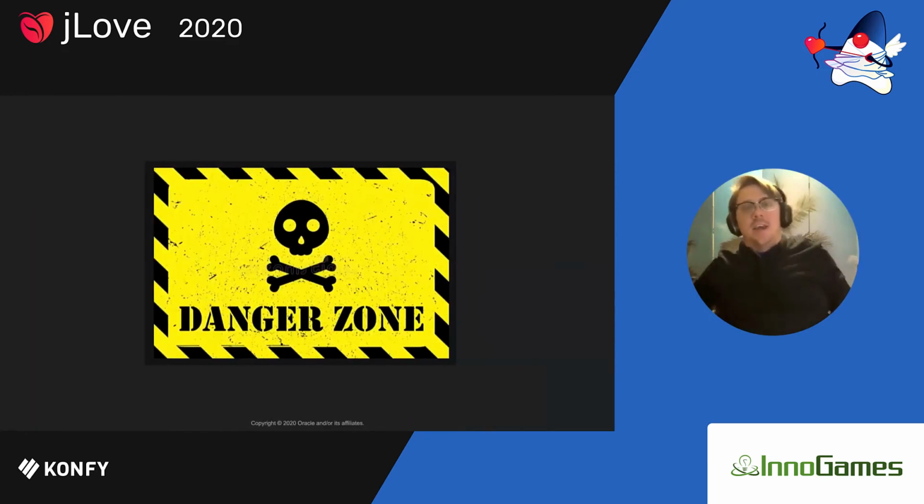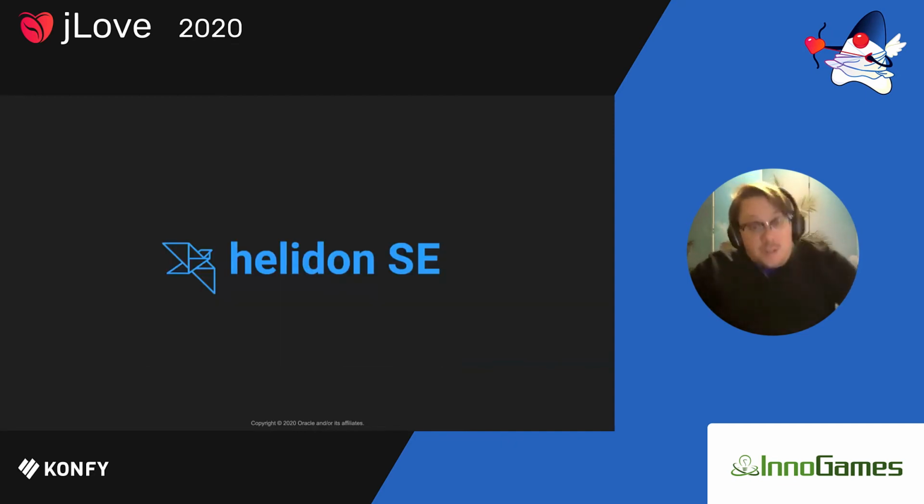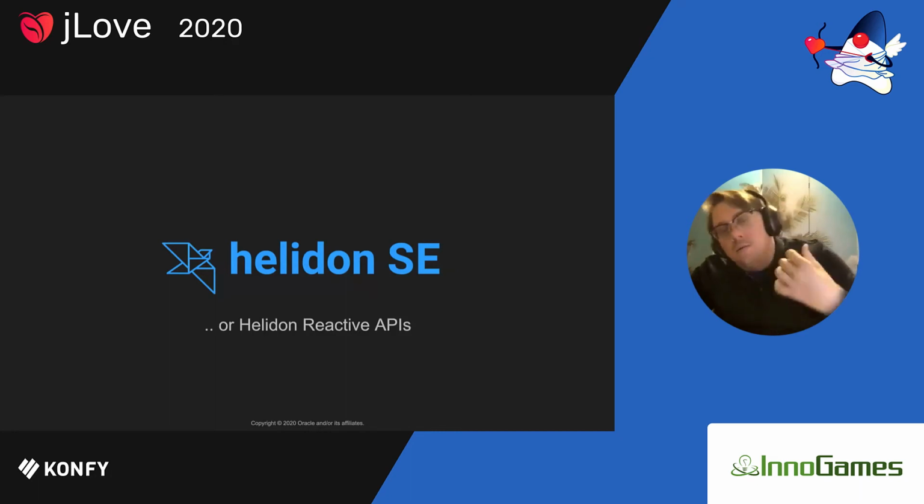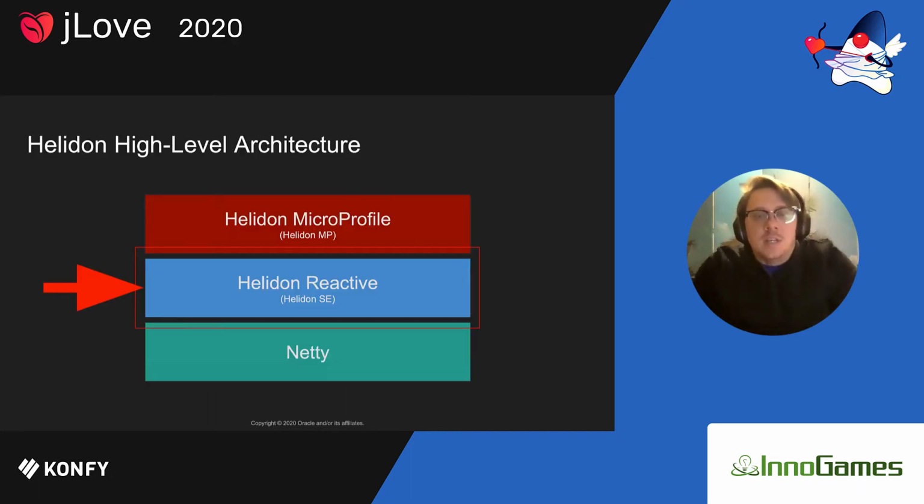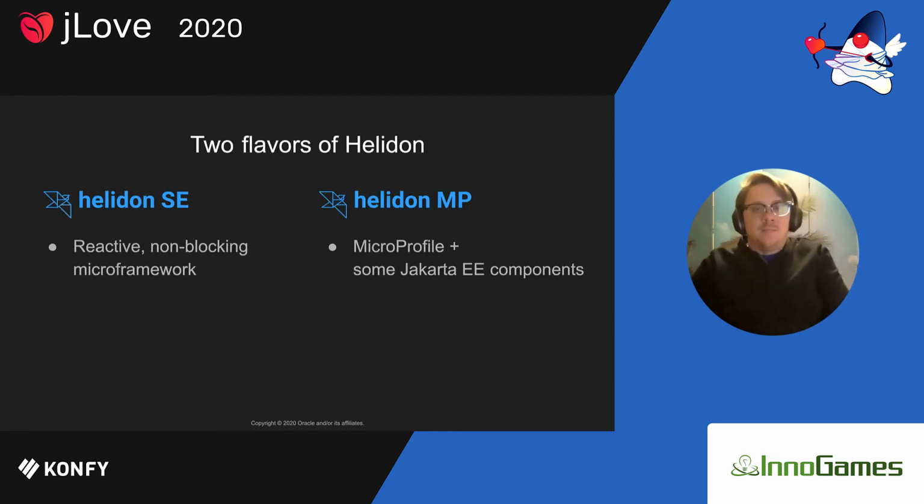But that's not it. We also have something which we call the danger zone. And this is actually Helidon SE, which we also call Helidon Reactive APIs. If you remember the overall architecture that we have, it sits in the middle, the wrapper of the MicroProfile implementation, and it is actually pure Java, and it's blazingly fast.